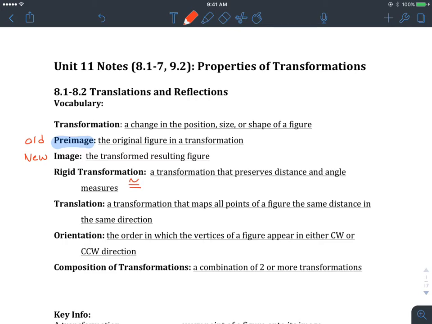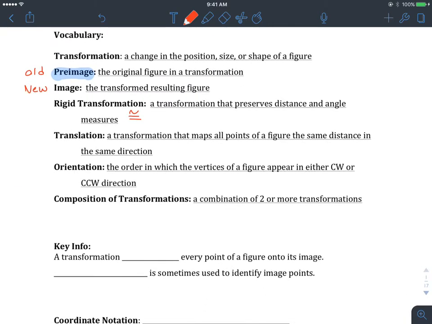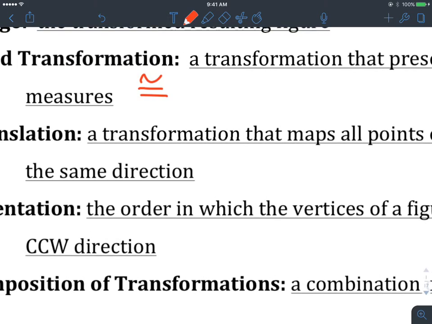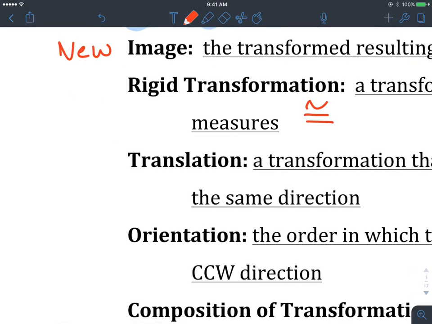It might even just change your side lengths there. So rigid transformation, congruent. The main one we're going to be talking about today is a translation, and that maps all points of a figure the same distance in the same direction. A good word maybe for this is shifting. So like shift up, down, left, or right.